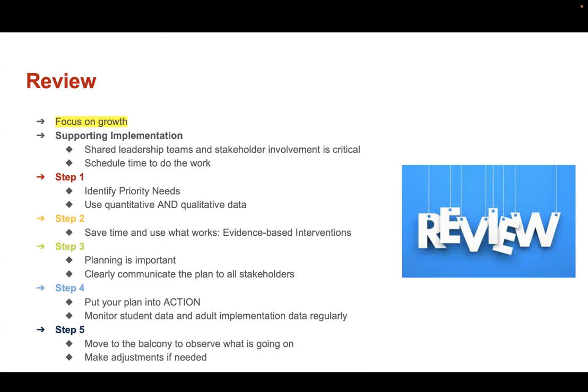Step 4, put your plan into action. Use that short cycle, continuous plan to monitor and implement. And then finally, at the end, look at how you've done, monitor, observe, see how it's done. Did you meet your goals? And then make adjustments as needed. So in a brief manner, those are kind of the 5 steps to the process.